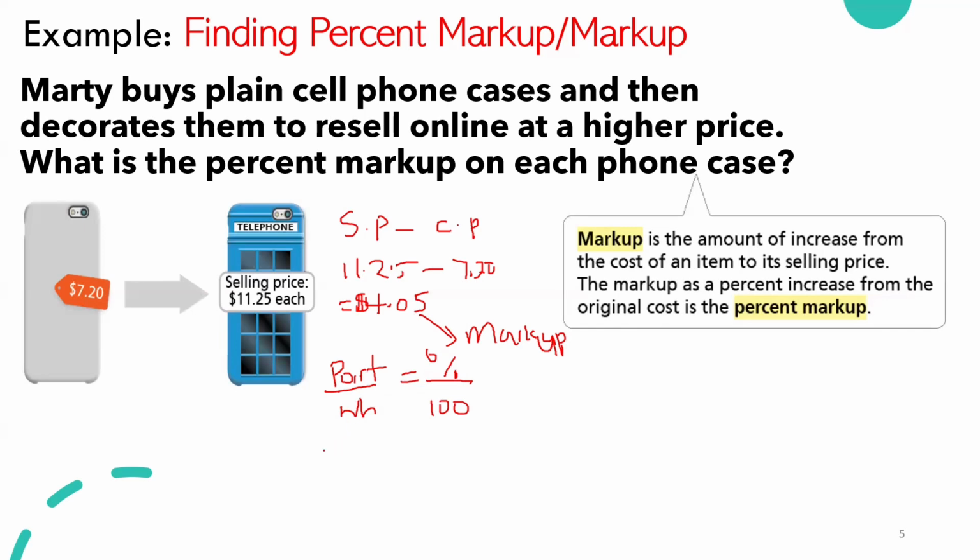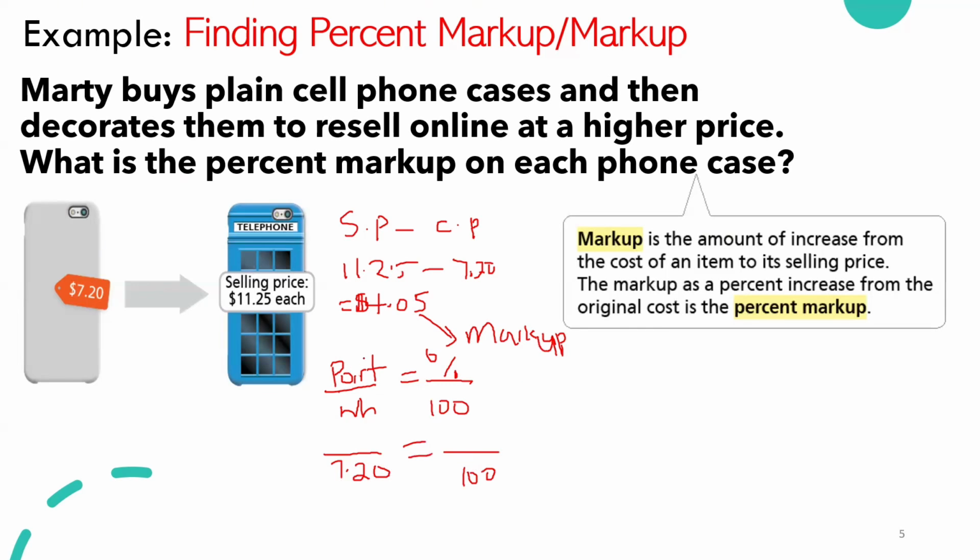The whole is always the original value before it changed, the original quantity. So in this case, the original quantity would be the cost, which is $7.20. Our part would be our markup.